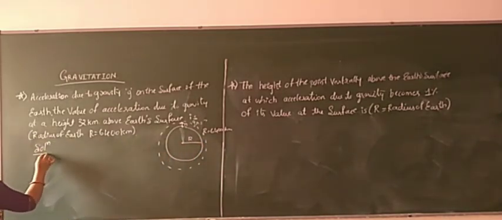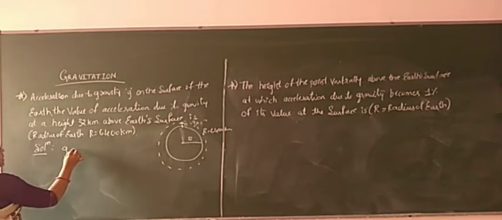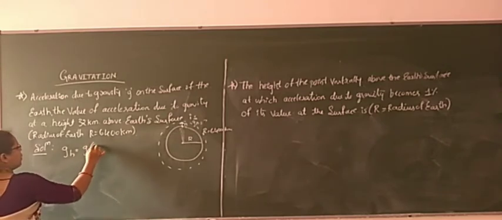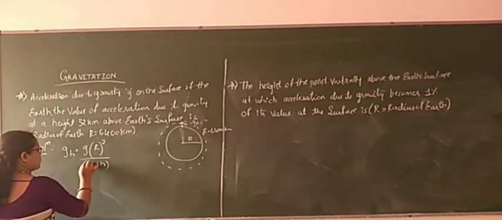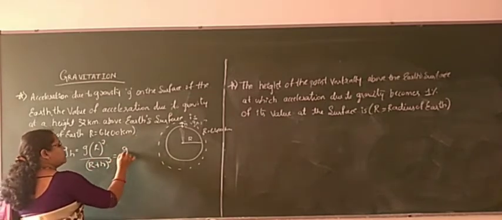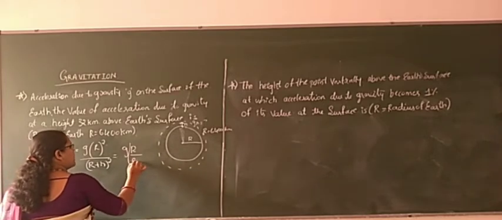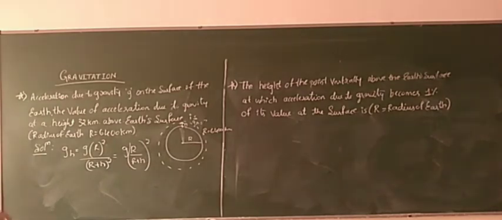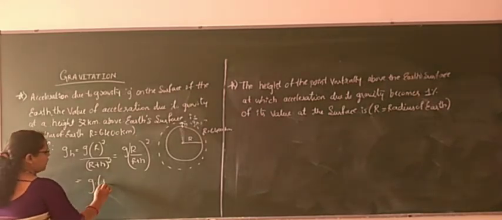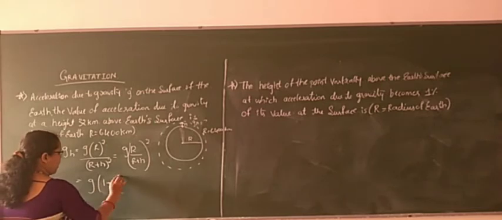We have acceleration due to gravity at a certain height. We can write it here as G of R square divided by R plus H whole square. We have 32 kilometer here. We can also write it here as G of 1 plus H by R whole square.